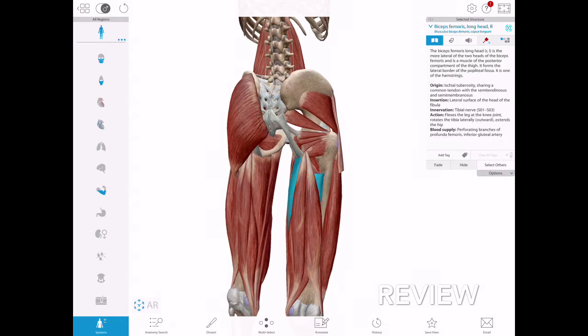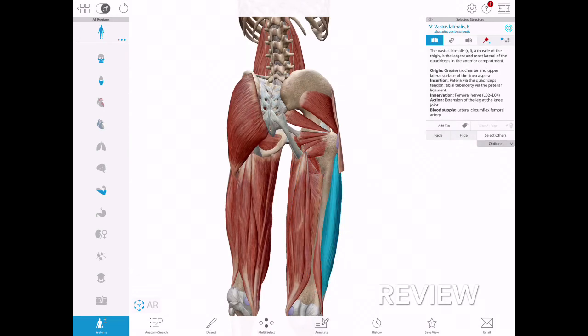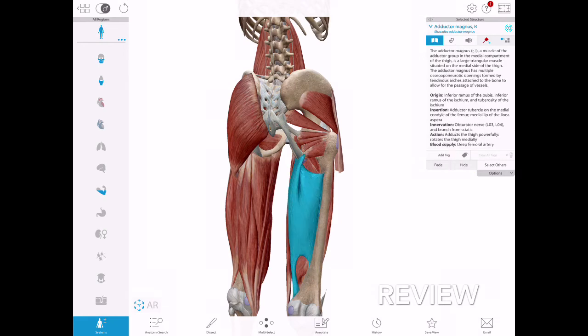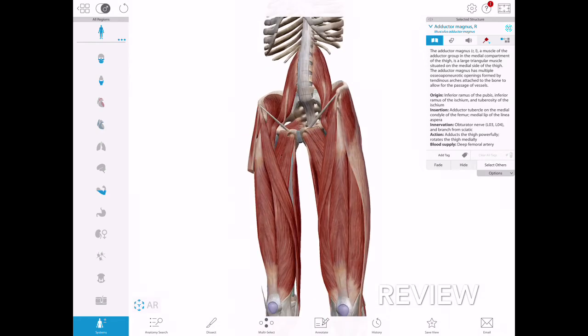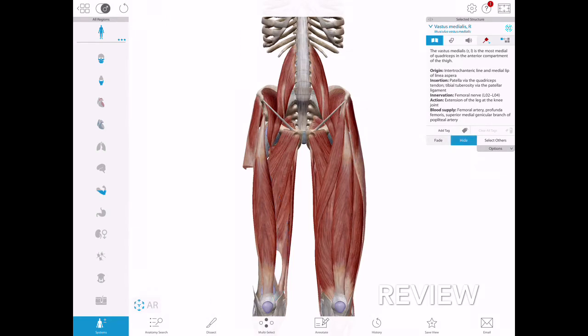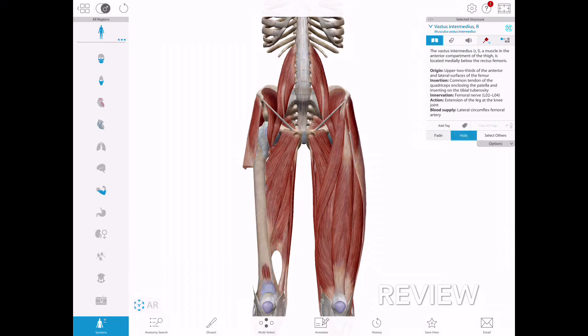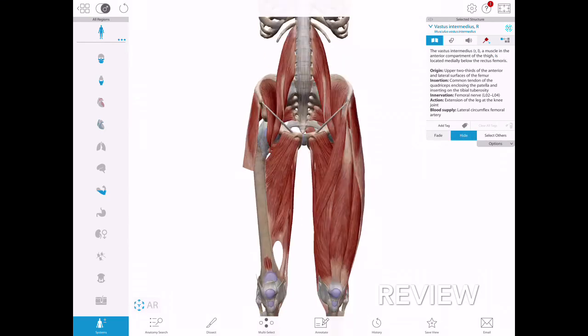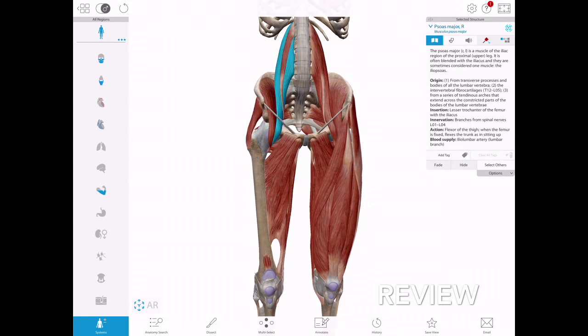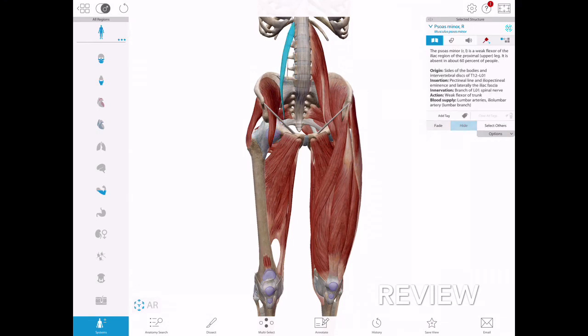So I would like to remove all of the muscles that we had previously gone through. And there is the sartorius, the vastus medialis, rectus femoris, vastus intermedius, and that's the tensor fascia lata. There's the psoas major, psoas minor, iliacus.